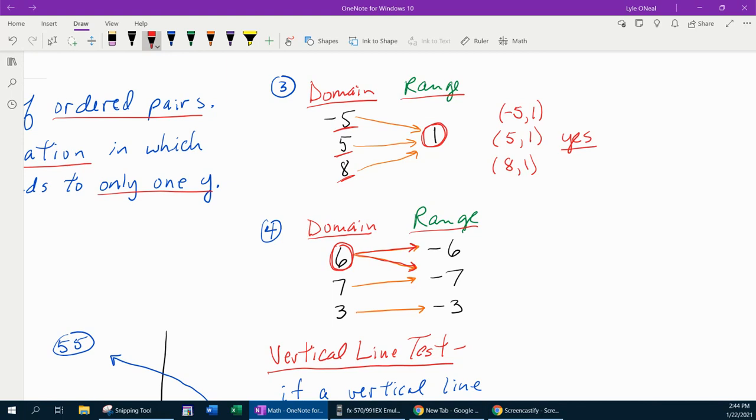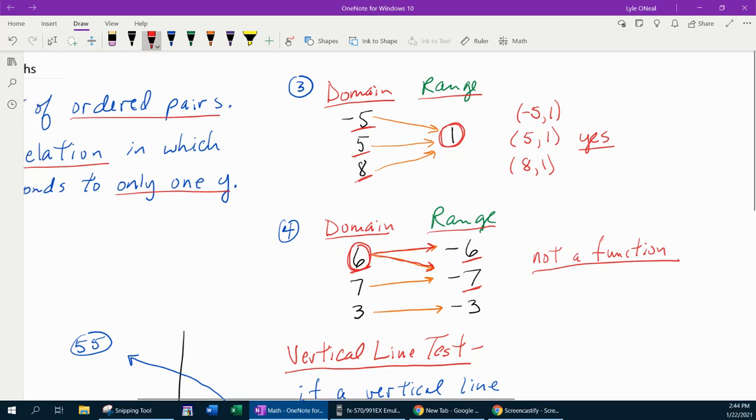And so this would definitely not be a function, because you have a domain element mapping to more than one range element. Okay, this is not a function. And so I hope that helps you be able to figure out when a relation is or is not a function.